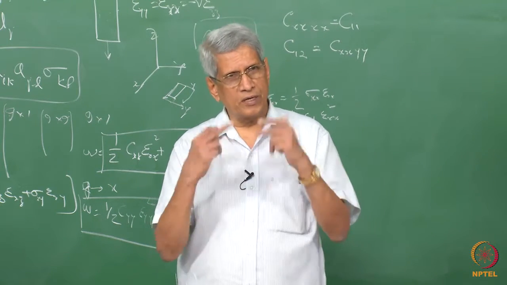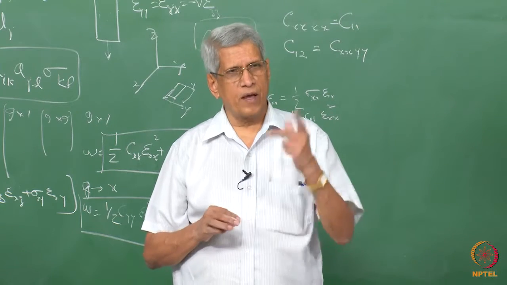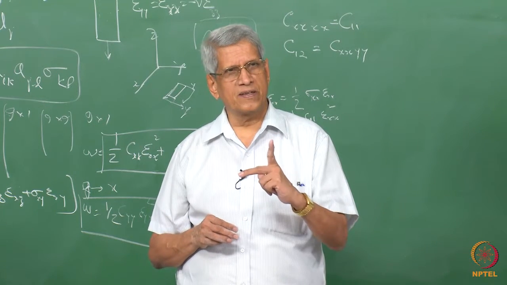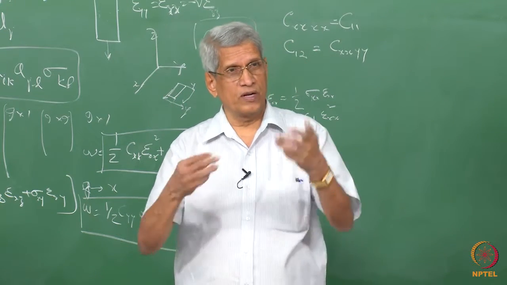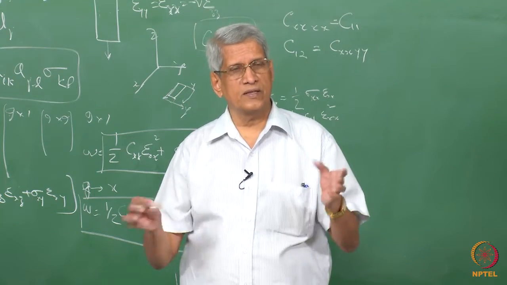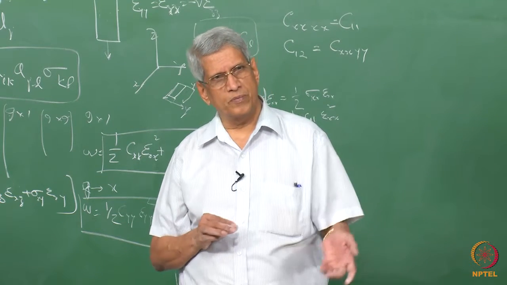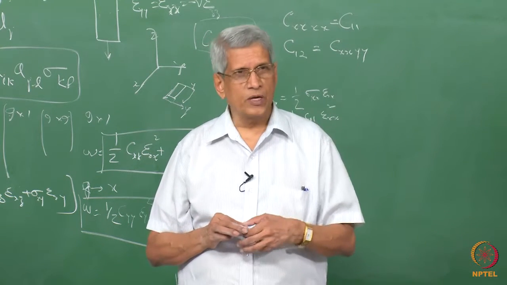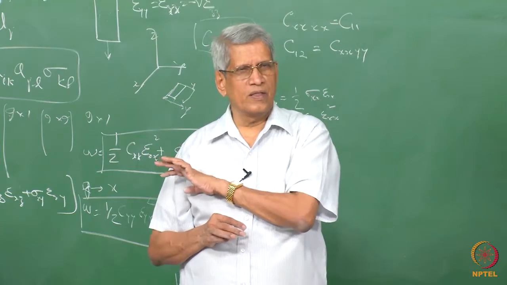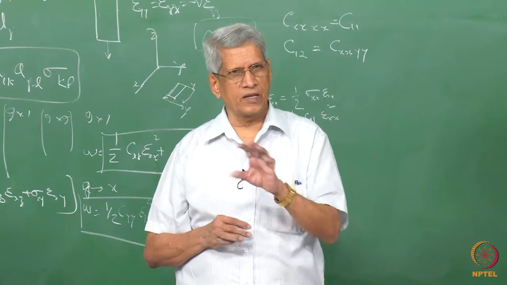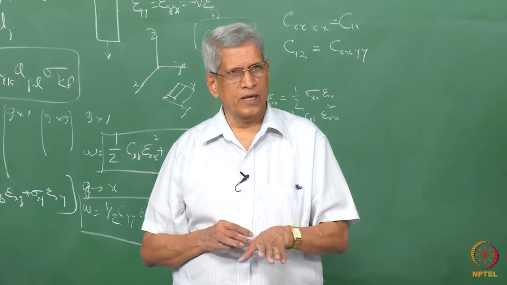In some other directions, the symmetry consideration says that the value has to be 0. So that decides the number of components. Some components become 0, some components remain. I will talk about the symmetry, the number of components and the crystal systems separately.